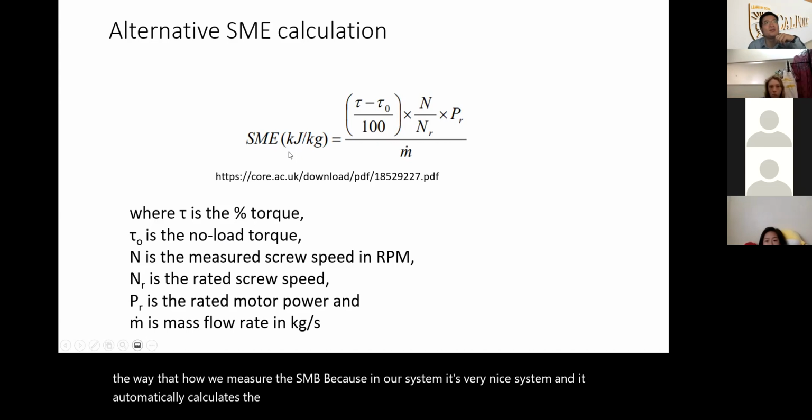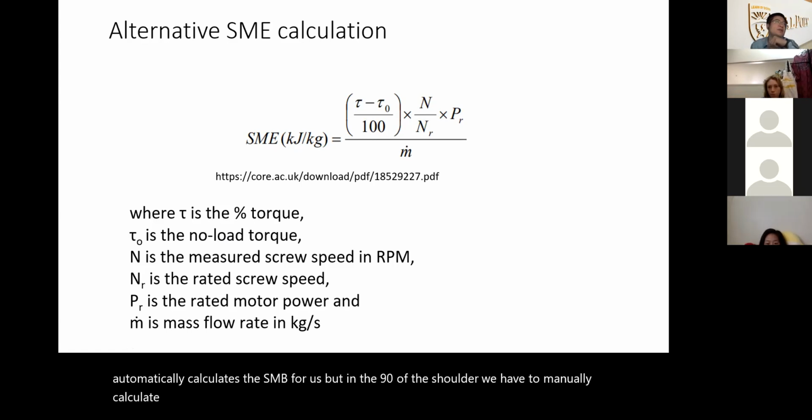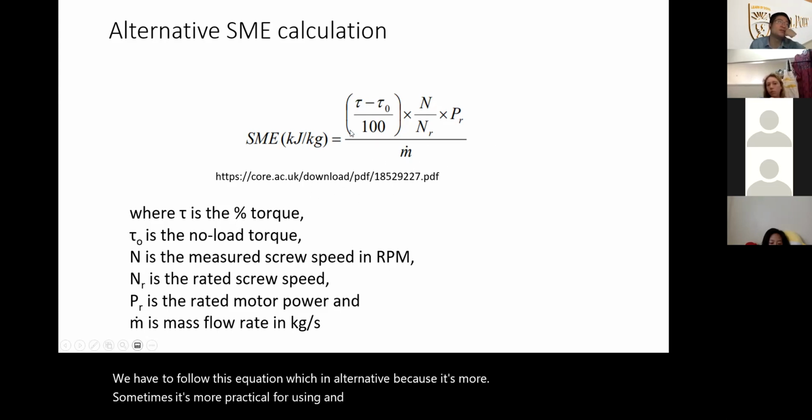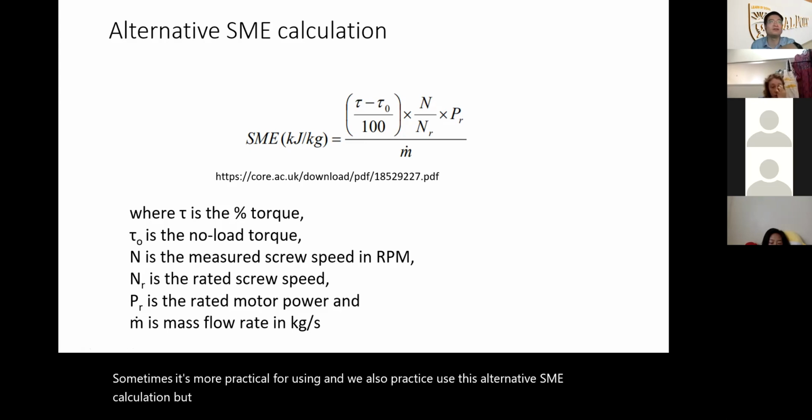But on 90% of extruders, we have to manually calculate SME, and typically we follow this alternative equation, because sometimes it's more practical. We also practice using this alternative SME calculation. But theoretically, you'll get the same value regardless of which equation you use.